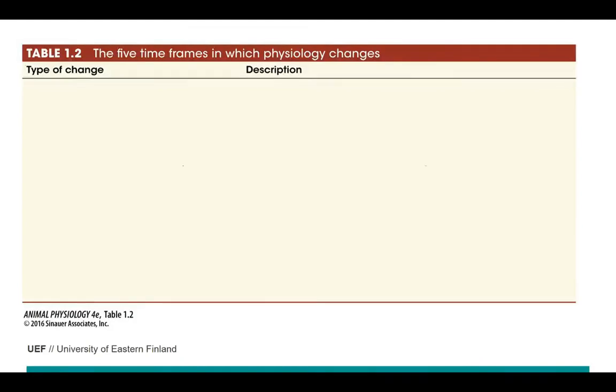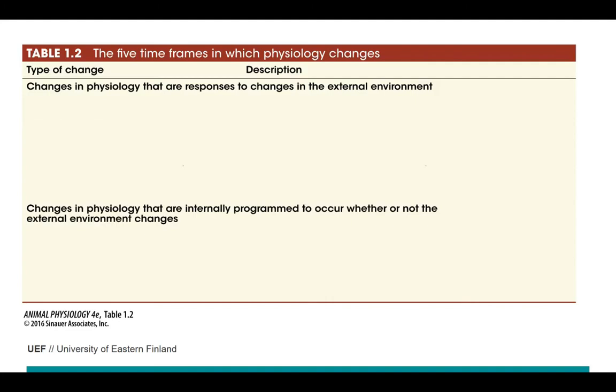So now we learned that we can have acute changes that happen now, and then we can have chronic changes that happen later. But actually we have 5 different frames in which these physiological changes can happen. First of all, we can divide these 5 into direct responses to the external environment or internally programmed responses.